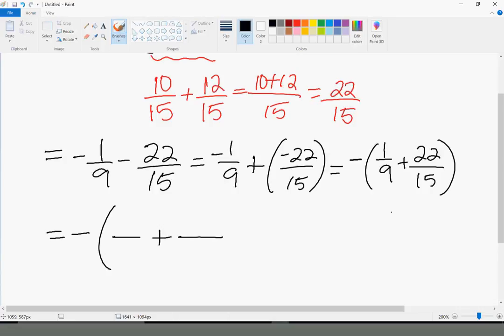So 15, 30, 45, 60. Well, I know that I can divide 9 into 45 because 9 times 5 is 45. Right? Yes, 9 times 5 is 45. So I'm going to go with 45 as my least common denominator.